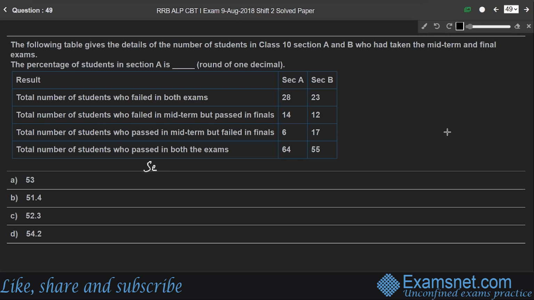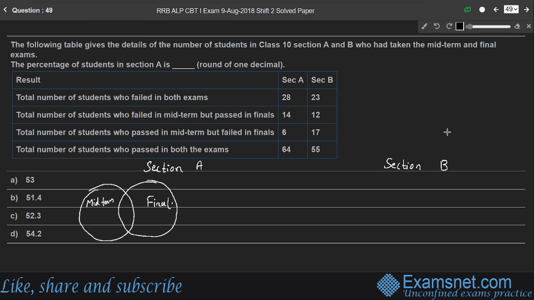So we'll consider section A and section B here. There are two examinations, midterm and finals, so we'll represent this information in the form of a Venn diagram. This is midterm result and finals. And this common portion represents those who have passed or failed in both examinations.